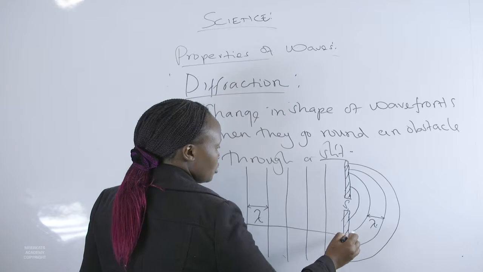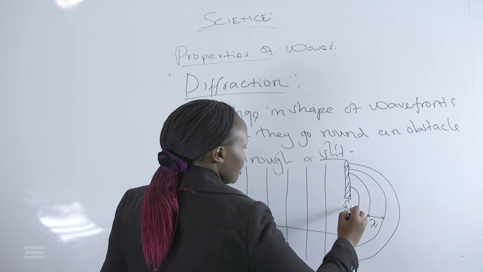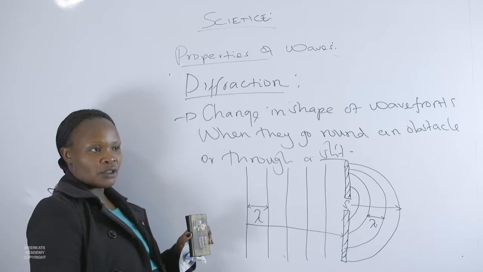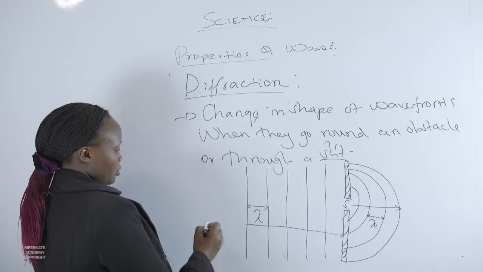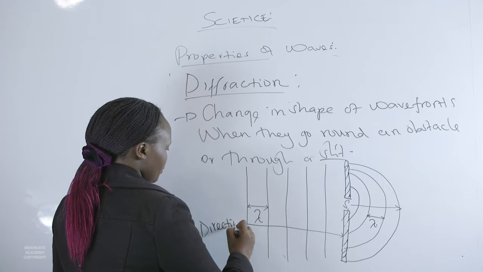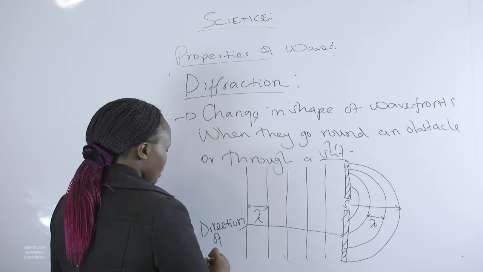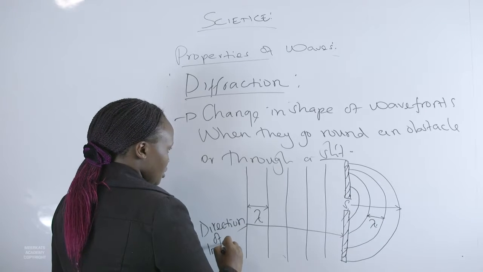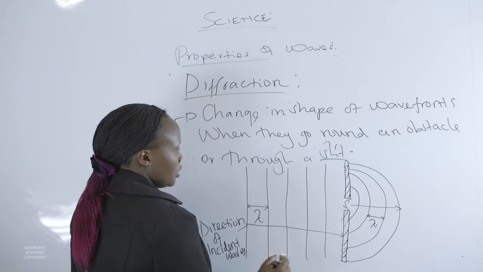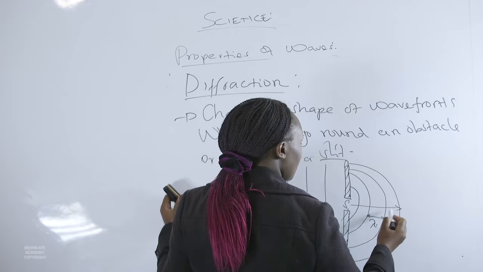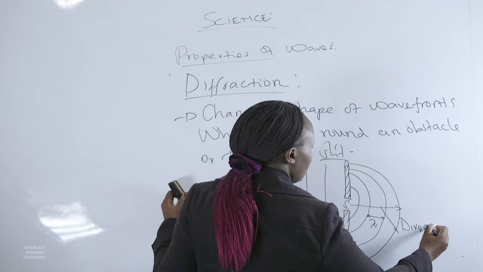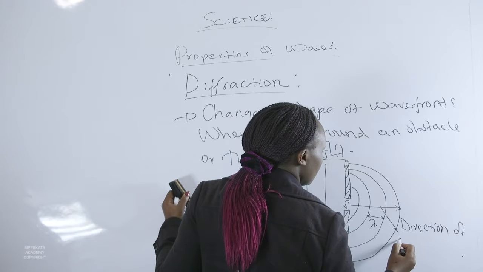This will be the direction of the initial waves, and so will be the direction of the diffracted waves. These are the ones we call incident waves, and this one is the direction of diffracted waves.